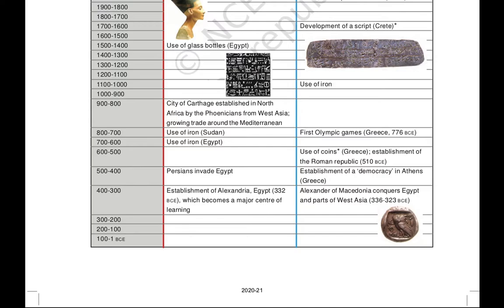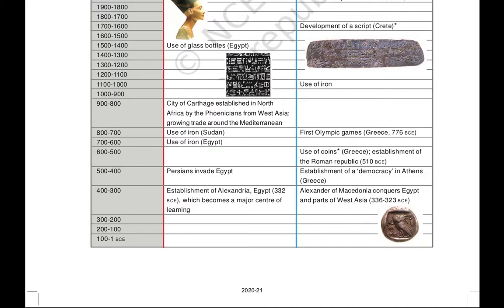From 500 to 400 in this timeline, in Africa, Persians invade Egypt, and in Europe, establishment of a democracy in Athens, Greece. From 400 to 300 in this timeline, in Africa, establishment of Alexandria, Egypt, 332 BCE, which becomes a major center of learning.